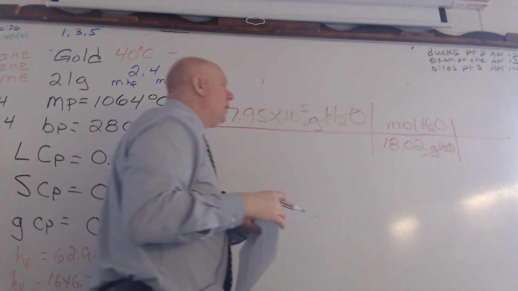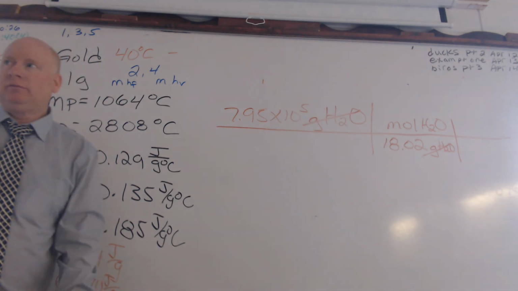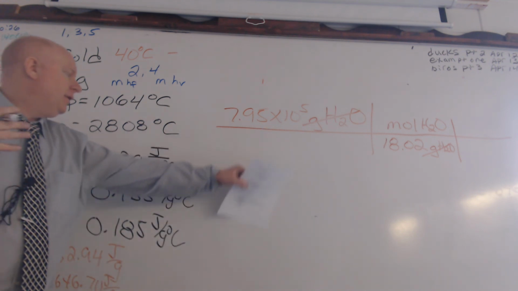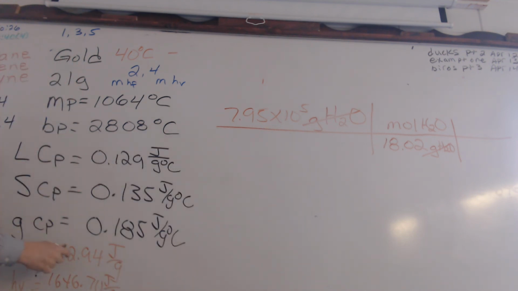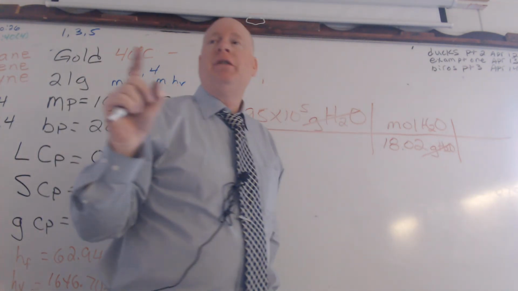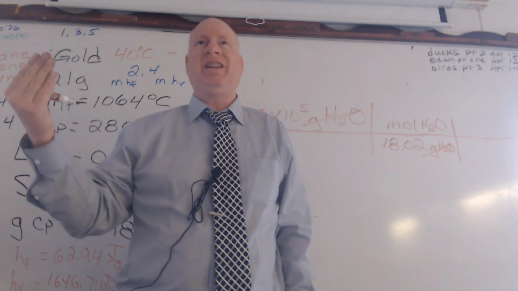Now, we've got to get rid of that mole, okay? So what did we do in like this 5-step problem to get this to joules per gram? We need to get rid of this mole somehow, but you have one number that has kilojoules per mole in it.